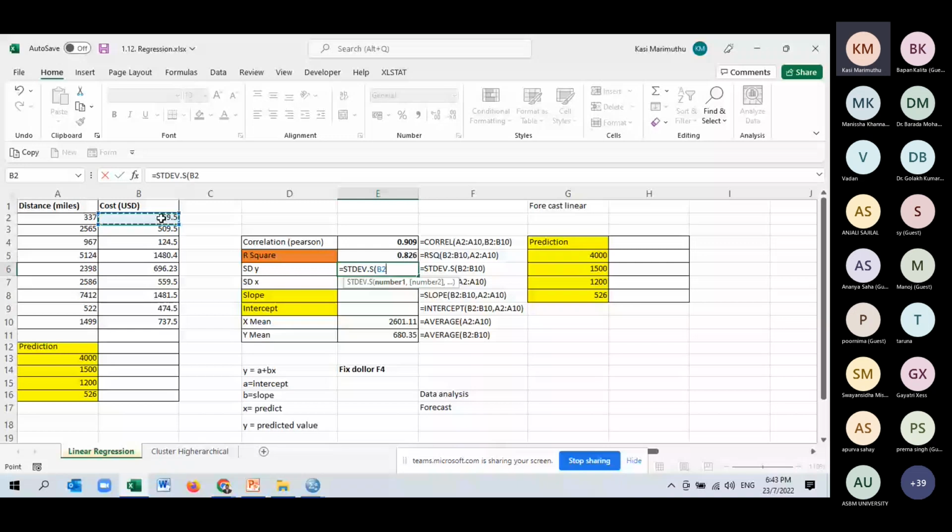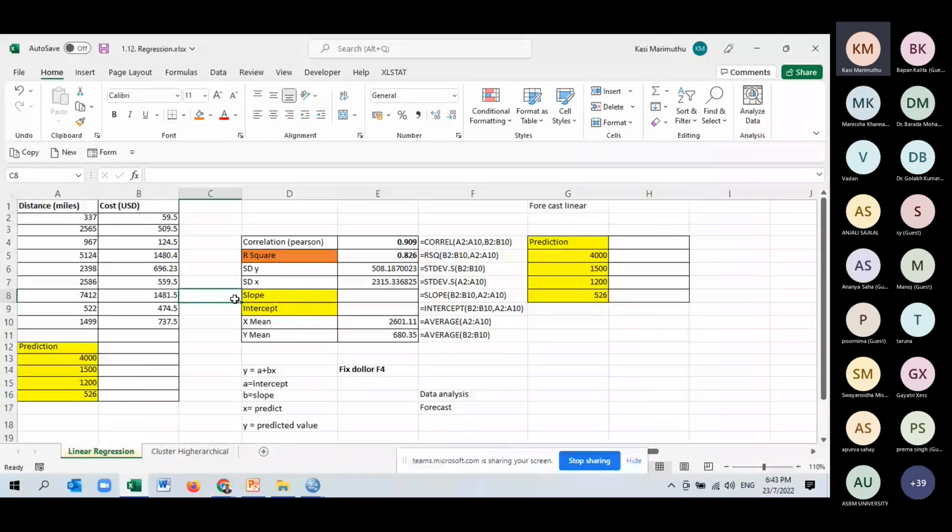So B2 colon B10. Standard deviation of x equal to STDEV.S, where x variable, distance, A2 colon A10. Enter. So now shall we calculate the A, sorry, this is slope, which means B. This is for A.